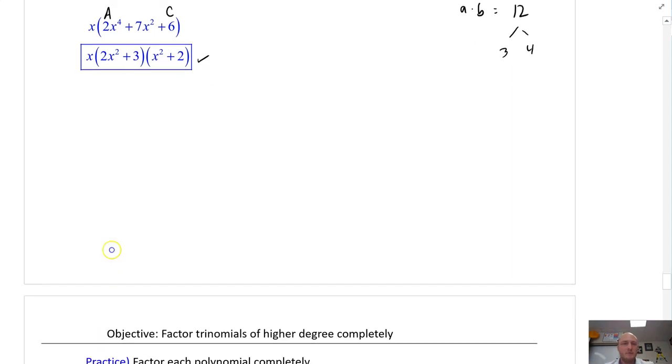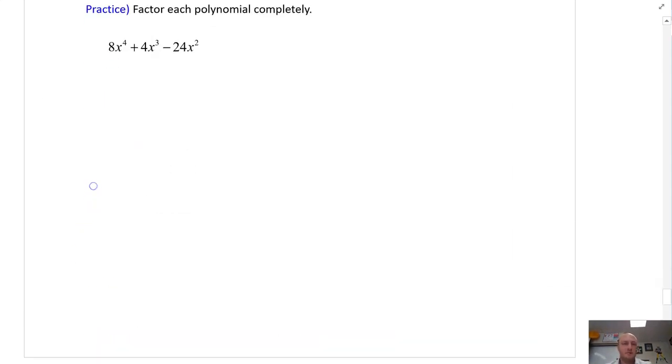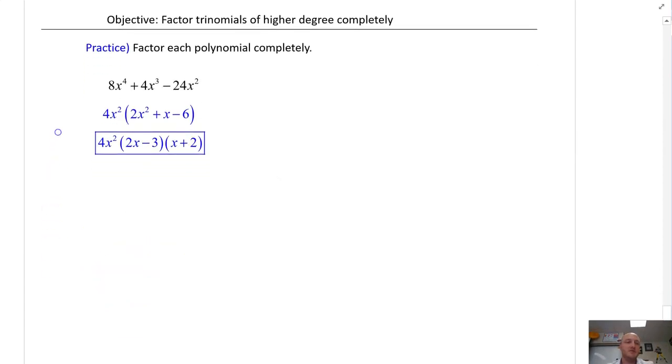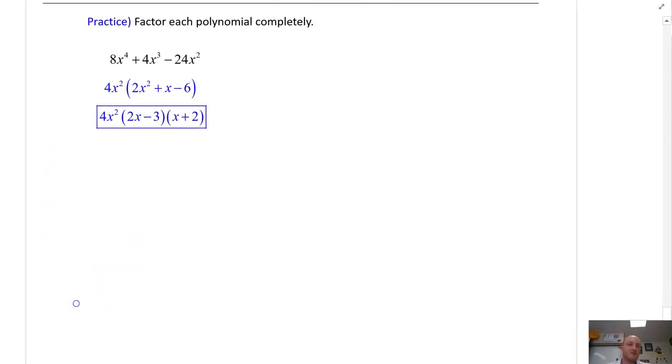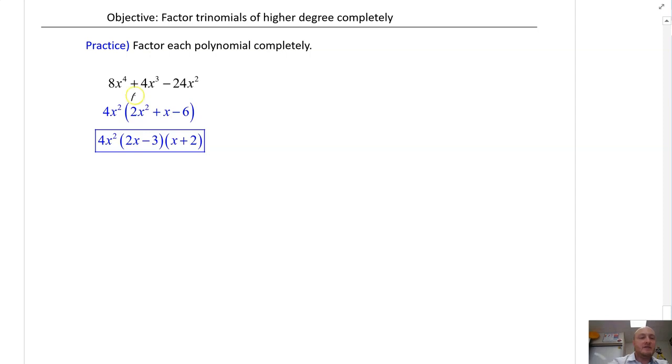All right, next example. Here you go. Please pause the video, try this one. All right, hopefully you paused the video. Here is the solution. Again, we have a GCF of 4x squared. And I have an a value here, so a times c is negative 12.